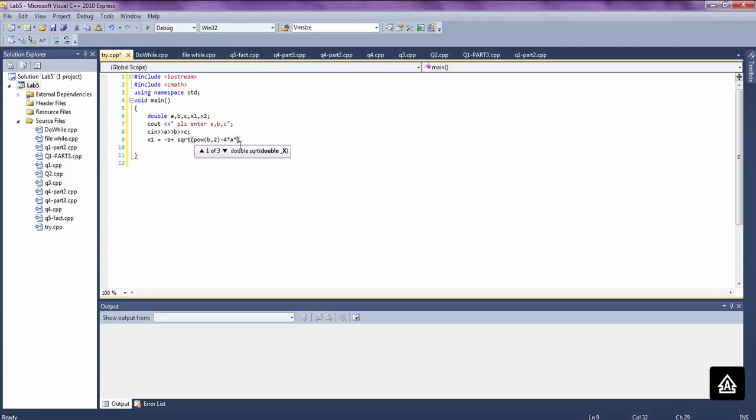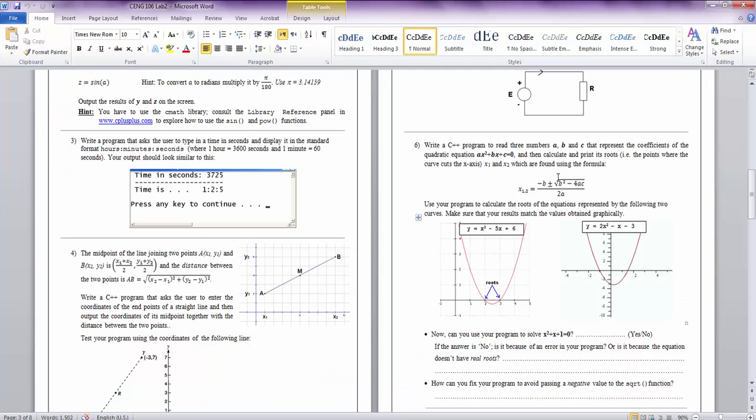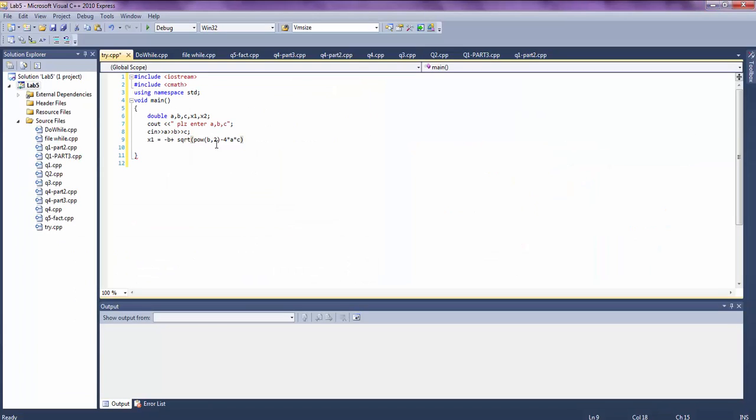Now look, we need to make sure that our brackets are correct here. Here's the bracket of the pow, and here's the bracket of the square root. After I write this, I want to divide all of this over 2a. So if you just write over 2 times a, what will happen?